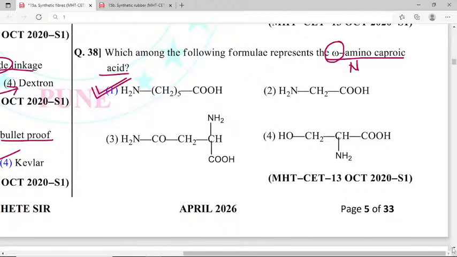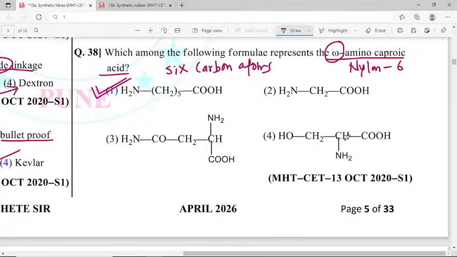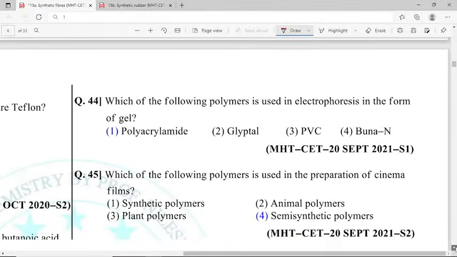It contains 6 carbon atoms in total. Omega amino caproic acid is used for making nylon 6. Epsilon caprolactam is used for this, epsilon caprolactam omega.